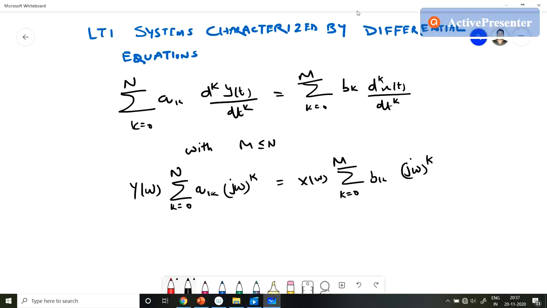We have kept Y(omega) and X(omega) outside the summation because they are not varying with respect to the variable k. So that H(omega) is the transfer function of the system.